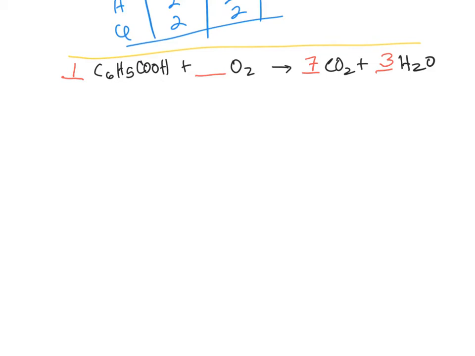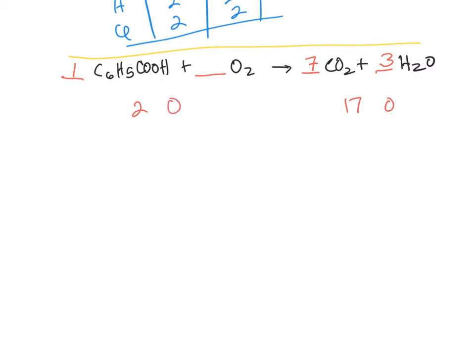The tricky part is the oxygen. On the right-hand side you have 7 times 2, which is 14. There are 2 oxygens in each CO2, and you have 7 of them, so that's 14. And then you have 3 here, so it's going to be 17 oxygens on the right.